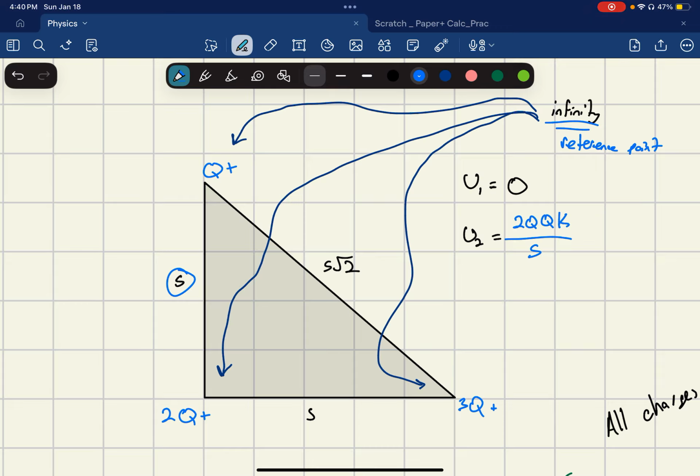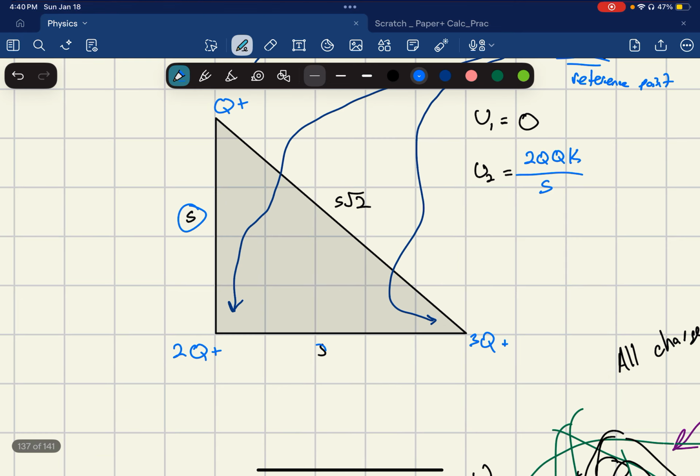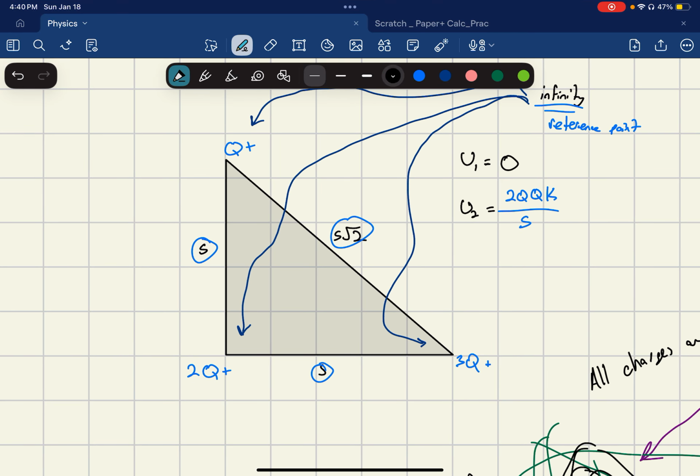And the idea is now we just add the distance between these two as well. U3 is equal to, we'll do these two right here.